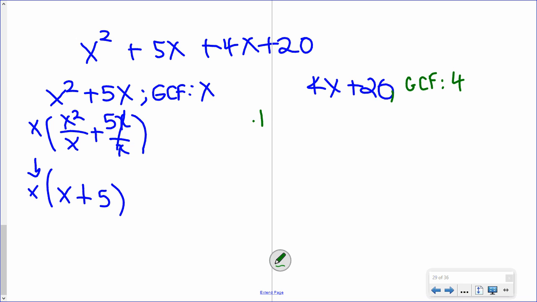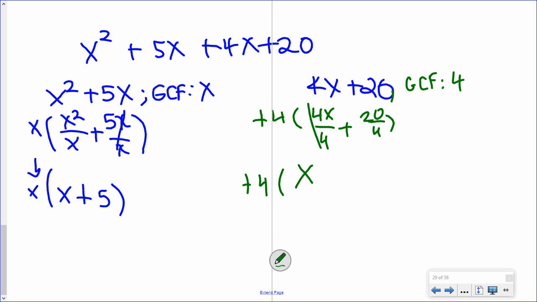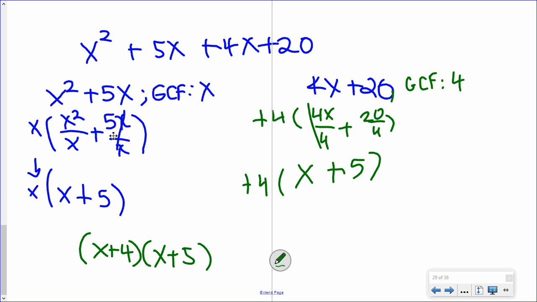So we have plus 4 times 4x divided by 4 plus 20 divided by 4, and I get positive 4 coming down. 4 divided by 4 goes away. x comes down plus 5. So when I group these, I get the quantity x plus 4 times x plus 5.